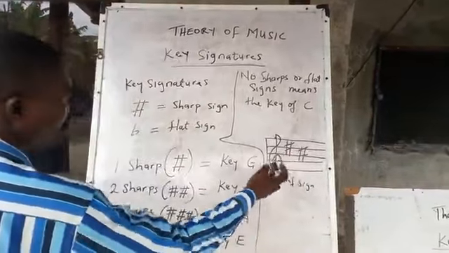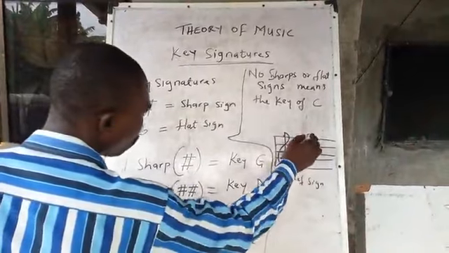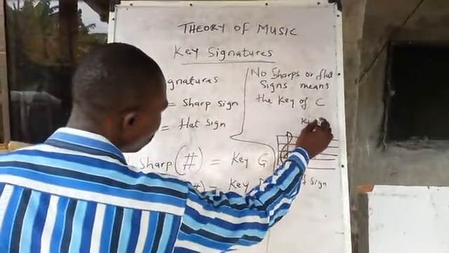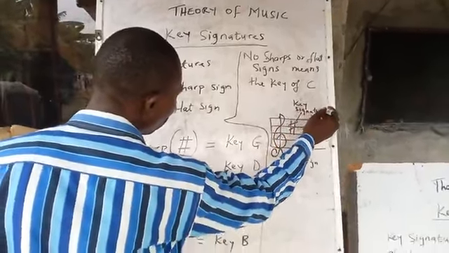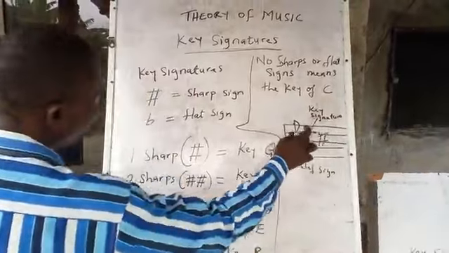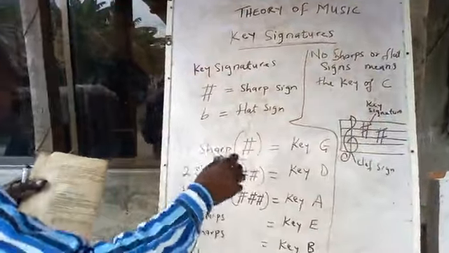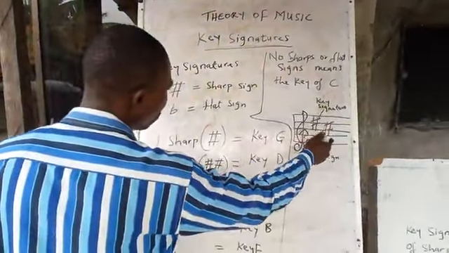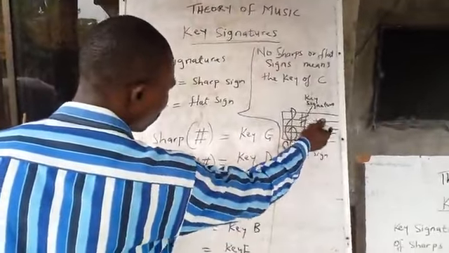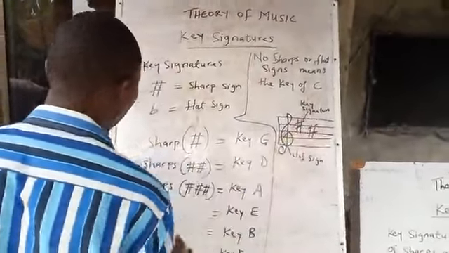But you find them after this clef sign. This is what we call your key signature. So you have only two signs like that, two sharps at the beginning. This is how the signs are placed at the beginning of the staff. After the clef sign, we have the key signature.